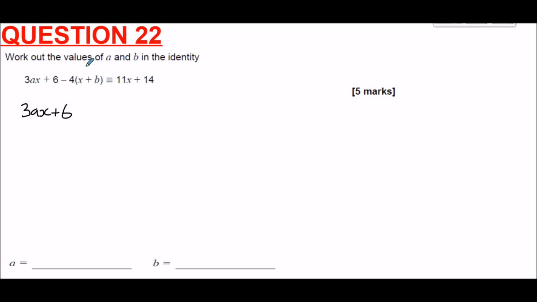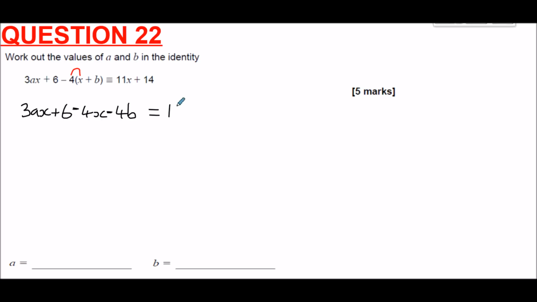Now 4 multiplied by x is 4x, but be careful because that 4 is a minus, because it's got a minus sign in front of it. And then 4 times b is 4b. But again, a minus multiplied by a positive gives a minus overall.